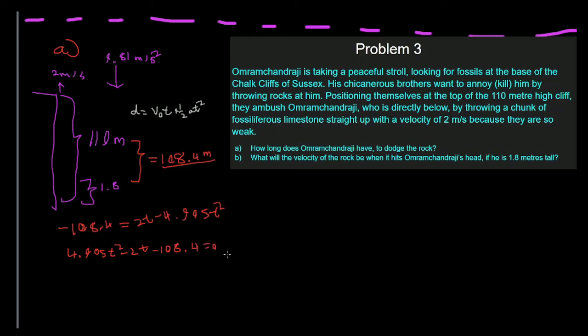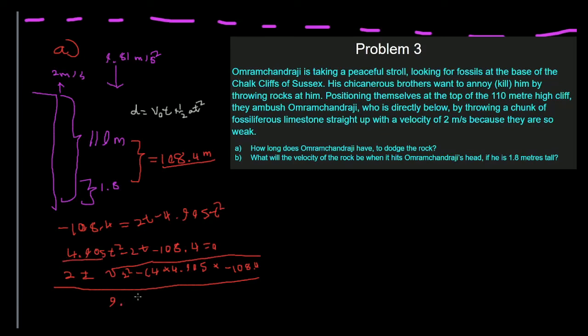And once we solve this quadratic, t should be 2 plus or minus the square root of 2 squared minus 4 times 4.905 times negative 108.4, over 9.81, because that's 2 times the a value, which is 4.905.